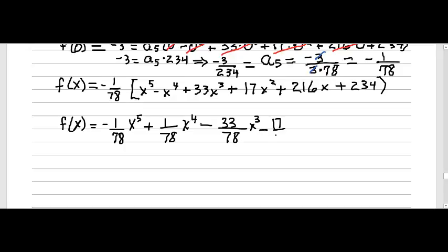So I get minus 17 over 78 x squared minus, so this is a minus. I meant to write minus here.